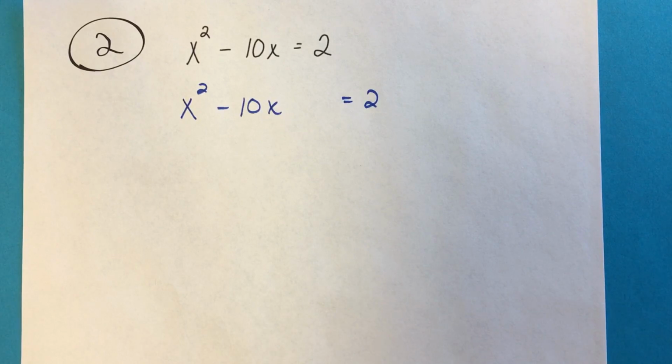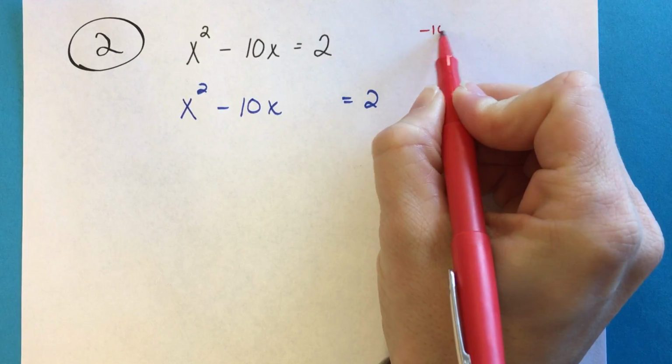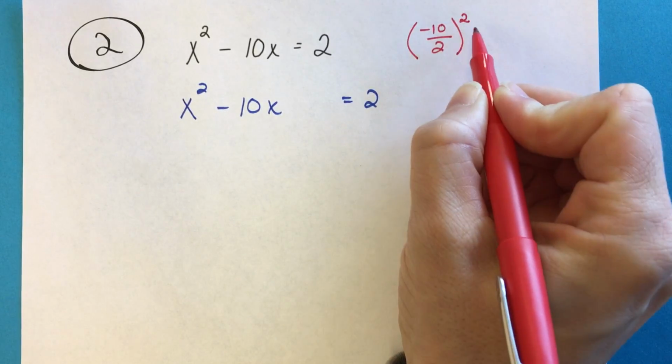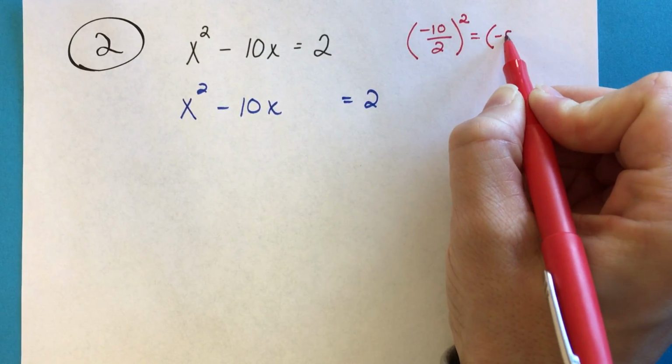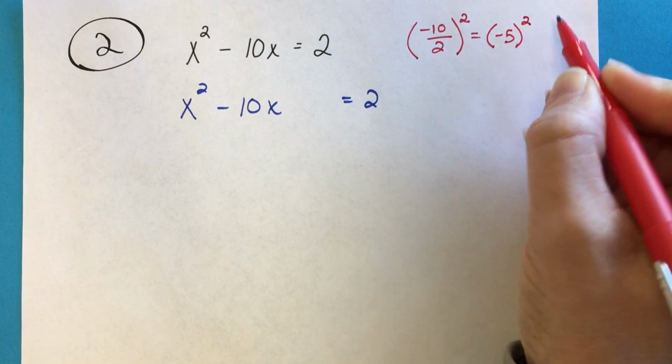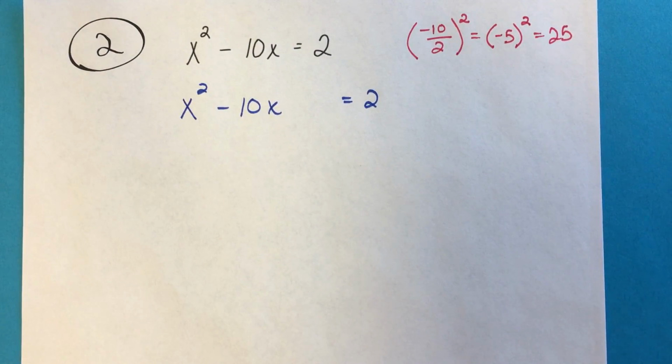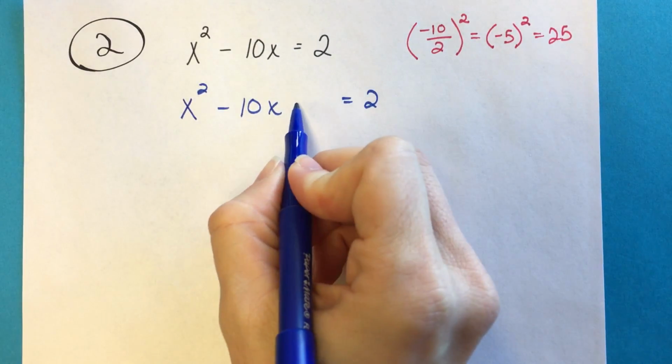All right, so this time my value of b is negative 10. So I'd have negative 10 divided by 2 and square it. So that's going to give me negative 5 squared, which will give me a positive 25. So I need to add 25 to both sides.